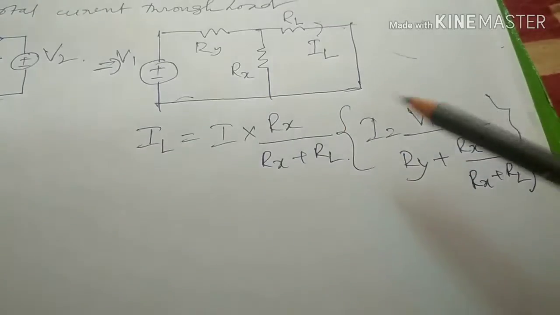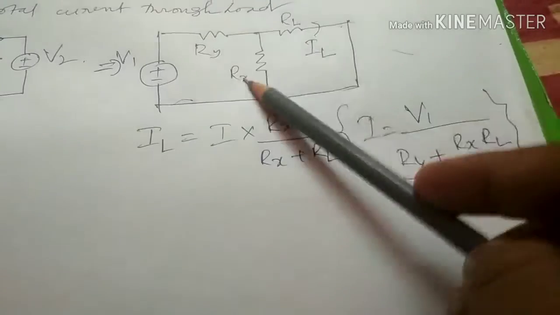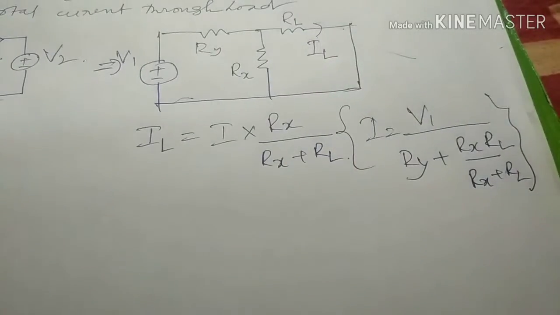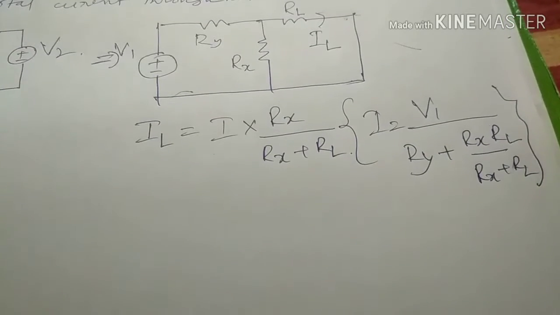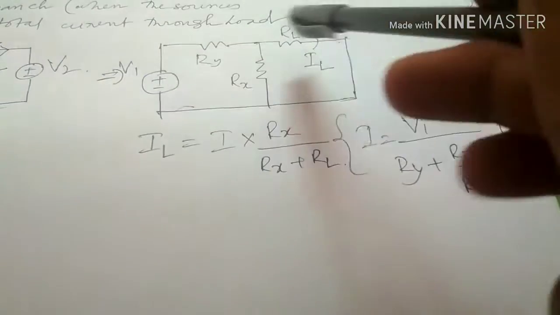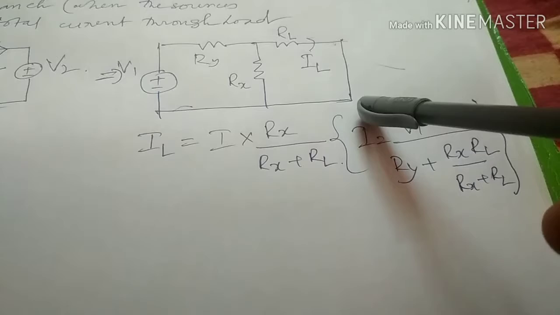The value of I is V1 divided by Ry plus Rx into RL divided by Rx plus RL. So this is the current through the RL load when V2 is short circuited.